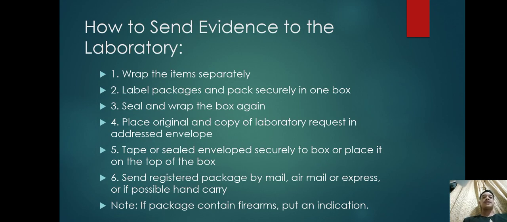How to send evidence to the laboratory. Number 1, wrap the items separately. Number 2, label the packages and pack securely in one box. Seal and wrap the box again. Number 3, place the original and copy of the laboratory request in an addressed envelope. Number 4, tape the sealed envelope securely to the box or place it on top of the box.